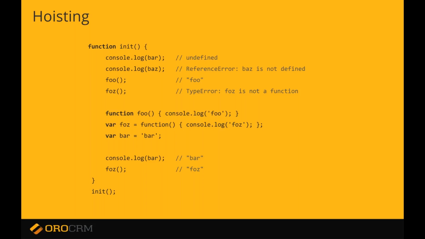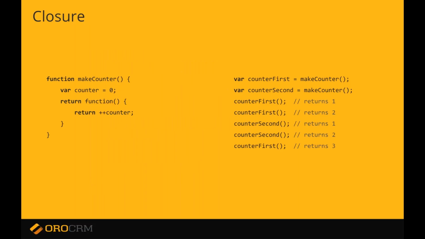But after the definition, at the end of the method, we can execute fourth because now the variable contains a reference to the anonymous function. As well as we can check the value of bar because now it is assigned with a value.